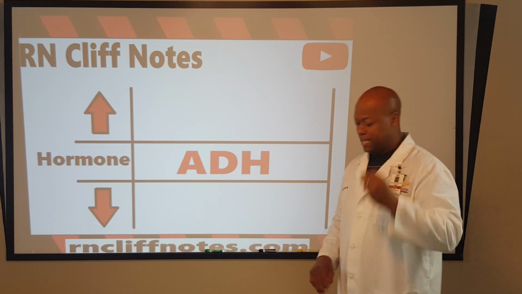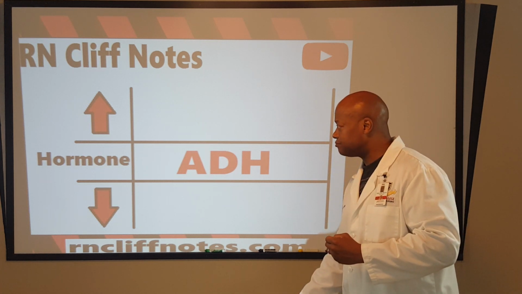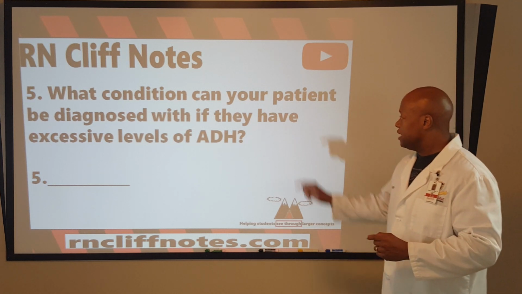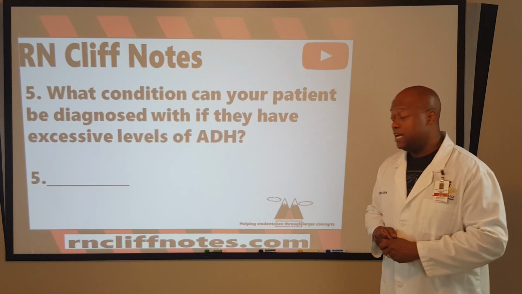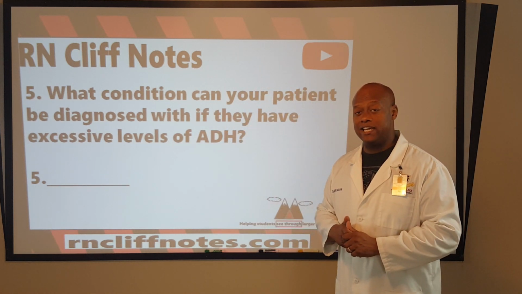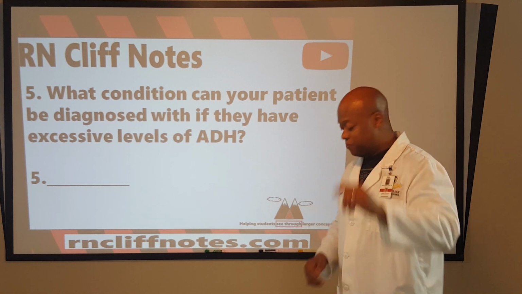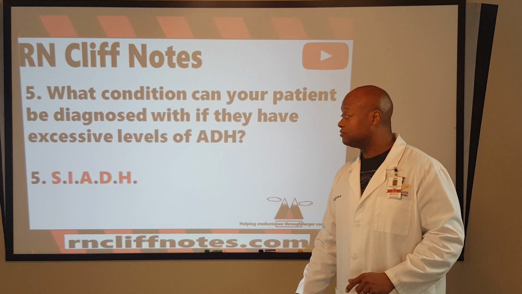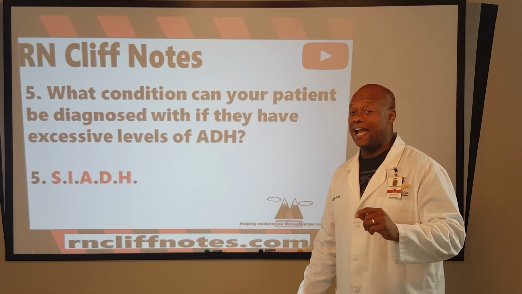And that teaches you a lot. Here we go. So, number 5, what condition can your patient be diagnosed with if they have high or excessive levels of ADH? And on your paper or your device, you should have the following. You should have SIADH.